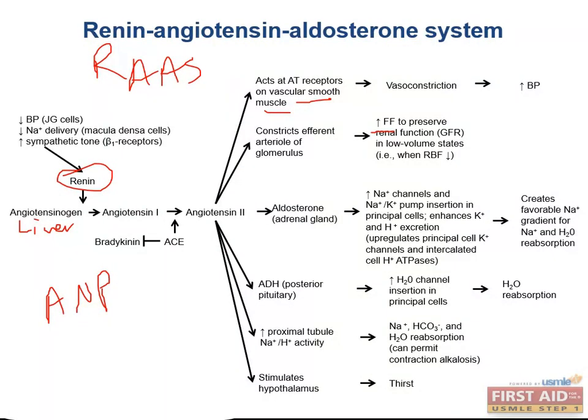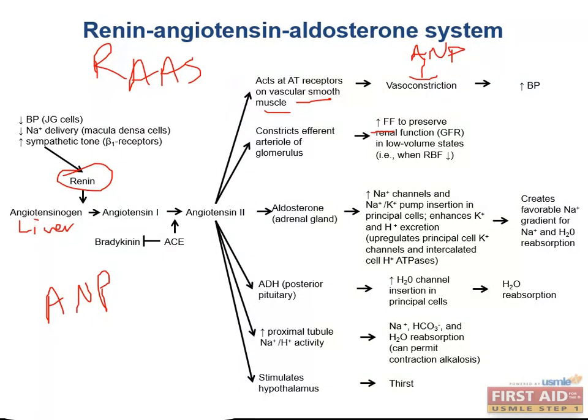So it's going to inhibit this vasoconstriction and dilate those vascular smooth muscle cells. It also increases the GFR by dilating the afferent arteriole, and this is done to allow the blood to continue to be filtered while reducing the blood pressure.